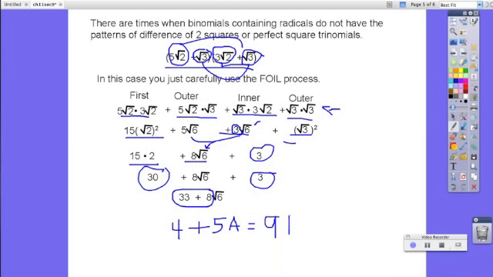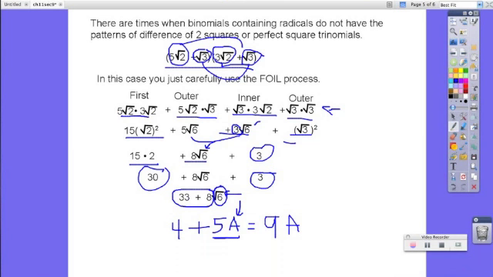If you had an a over here, you could, but you can't add those because before you add, you have to multiply. And you can't multiply until you find out what a is equal to. Once you find a, then you multiply the two together, then you add the 4. The same thing with this square root of 6. We're not going to find out what the square root of 6 is equal to. We're just going to leave it like that, multiply by 8, and then add the 33.